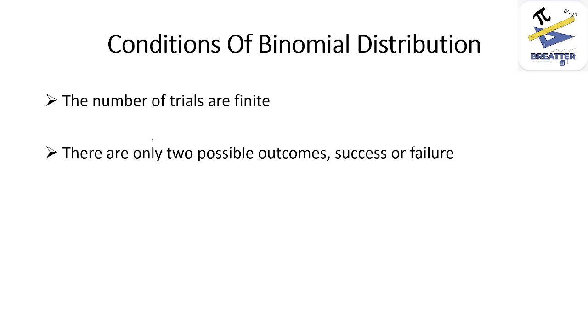That means n is finite. Now, the second condition: there are only two possible outcomes, either success or failure. We can say that it has a Bernoulli distribution because there are only two possible ways, either failure or success.